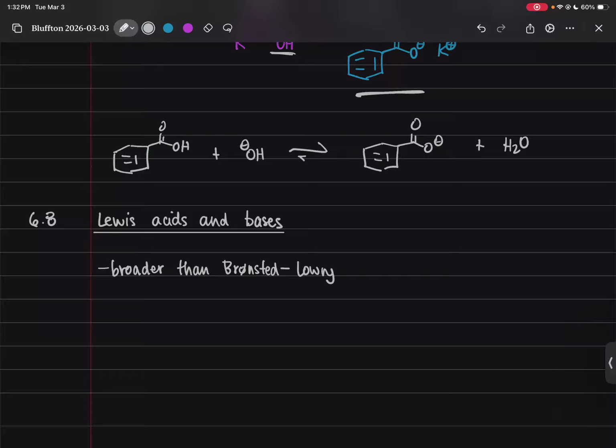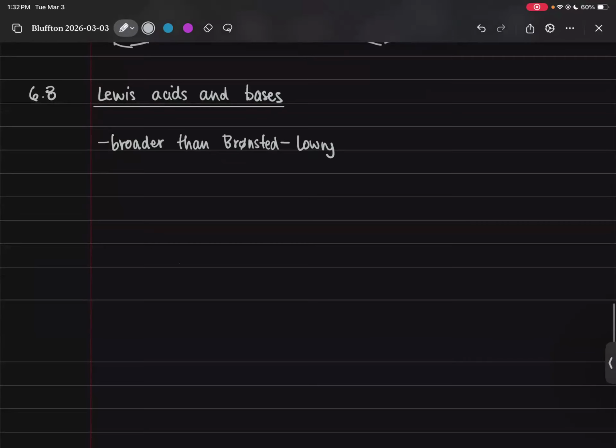So this means that more things are going to start looking like acids and bases than previously. A Lewis acid is an electron pair acceptor.